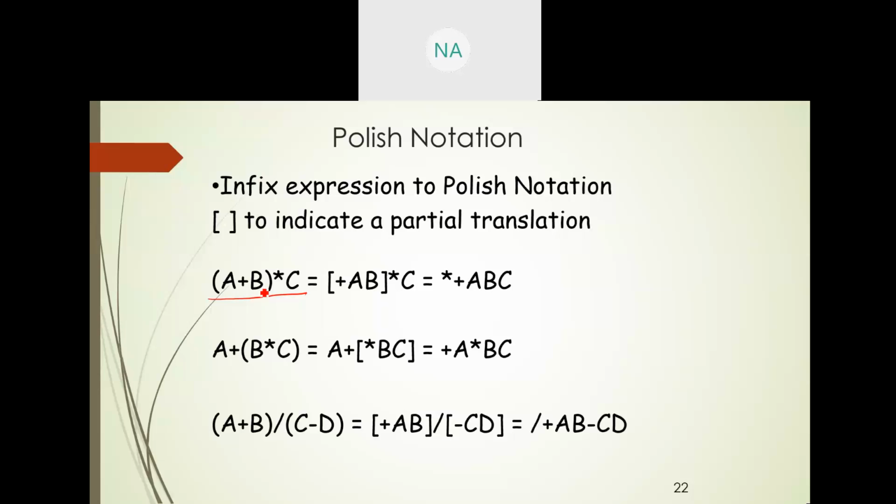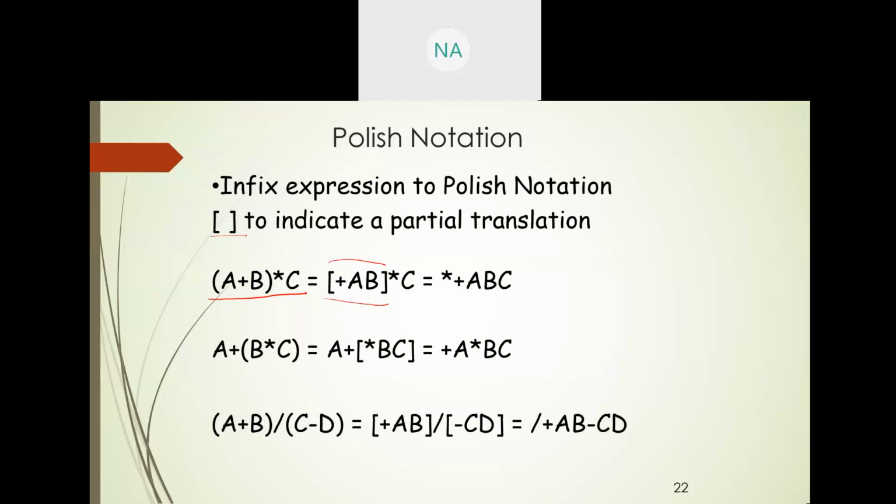First convert a plus b into the corresponding Polish notation. The operator plus will come before its operands a and b, so plus ab, right? You write this plus ab within a big bracket, and this indicates that whatever is written within the big bracket is now a single operand.